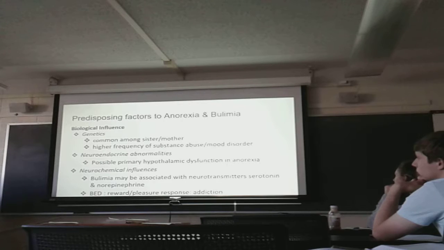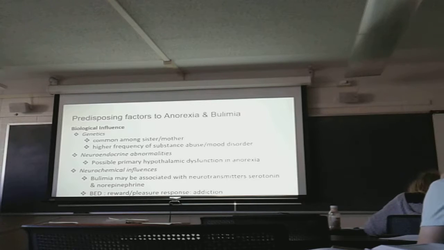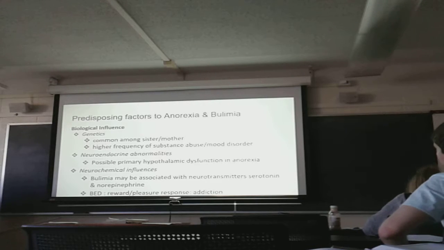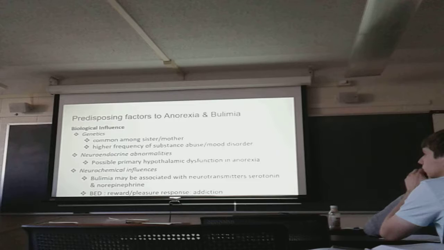The neuroendocrine abnormalities, we talked about the hypothalamus, which regulates everything. So that could be a dysfunction in anorexia. Some of the neurochemical influences associated with bulimia could be related to serotonin and norepinephrine. A lot of times that's why you'll see them using an SSRI.